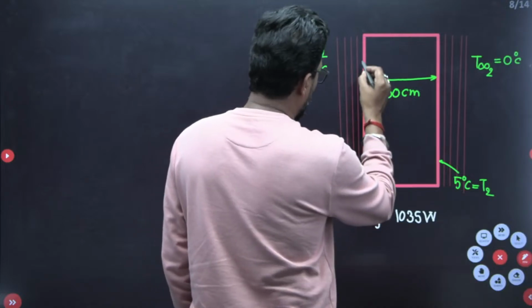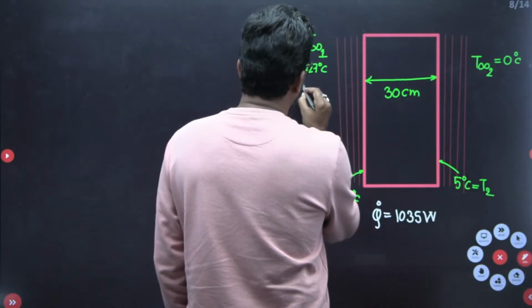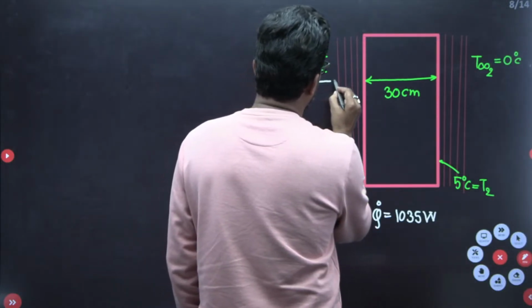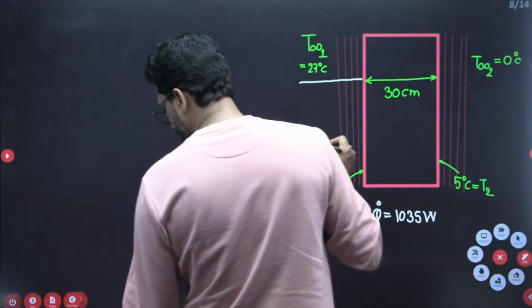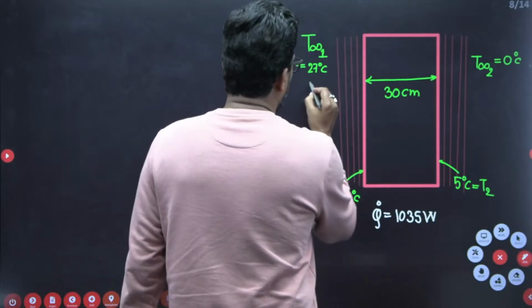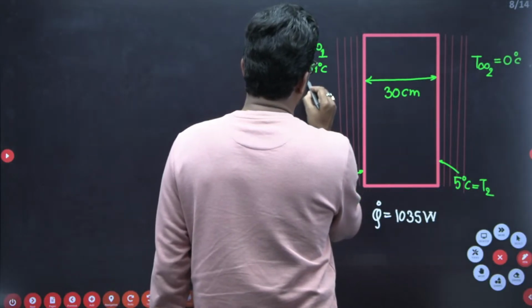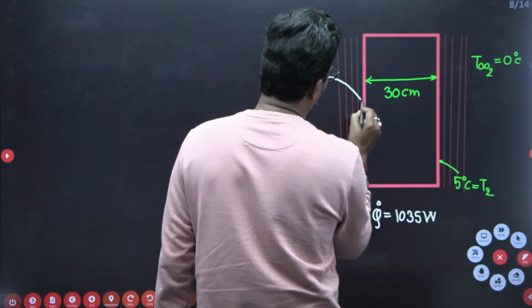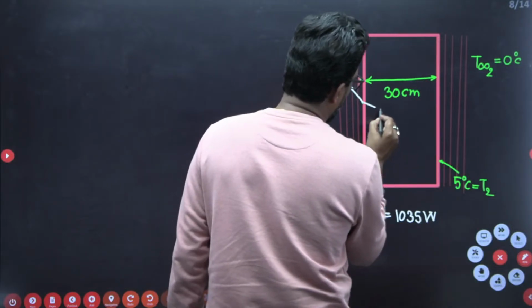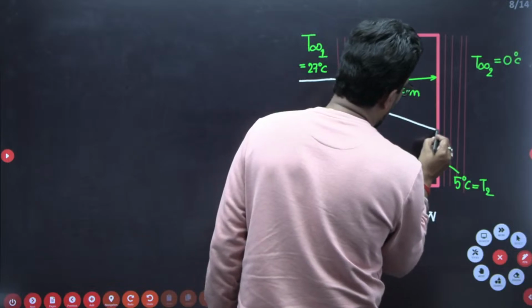This is your 27 degrees, so these are all 27. Then the temperature will drop, and the temperature drops linearly.